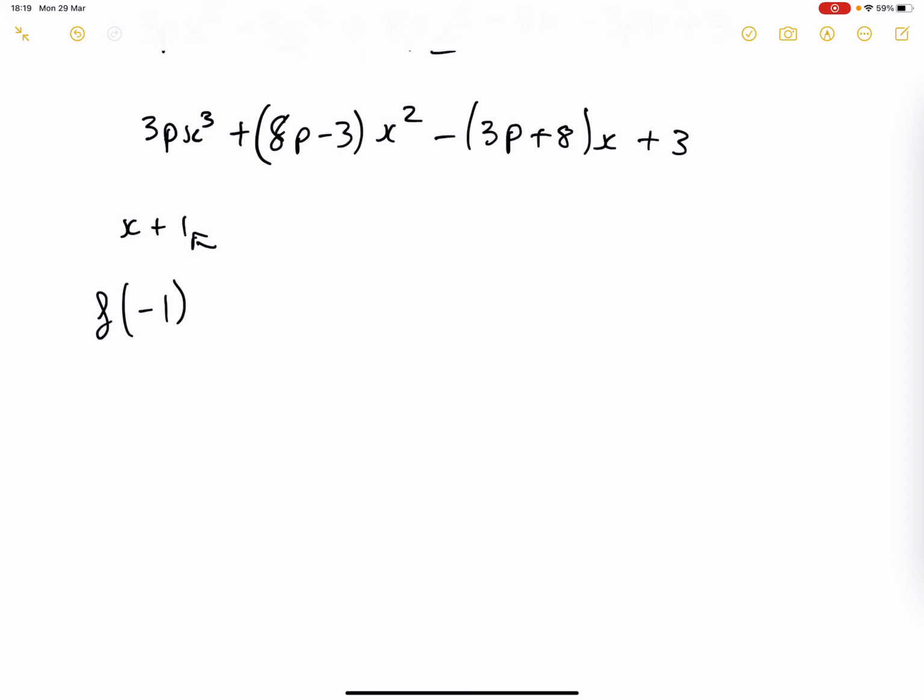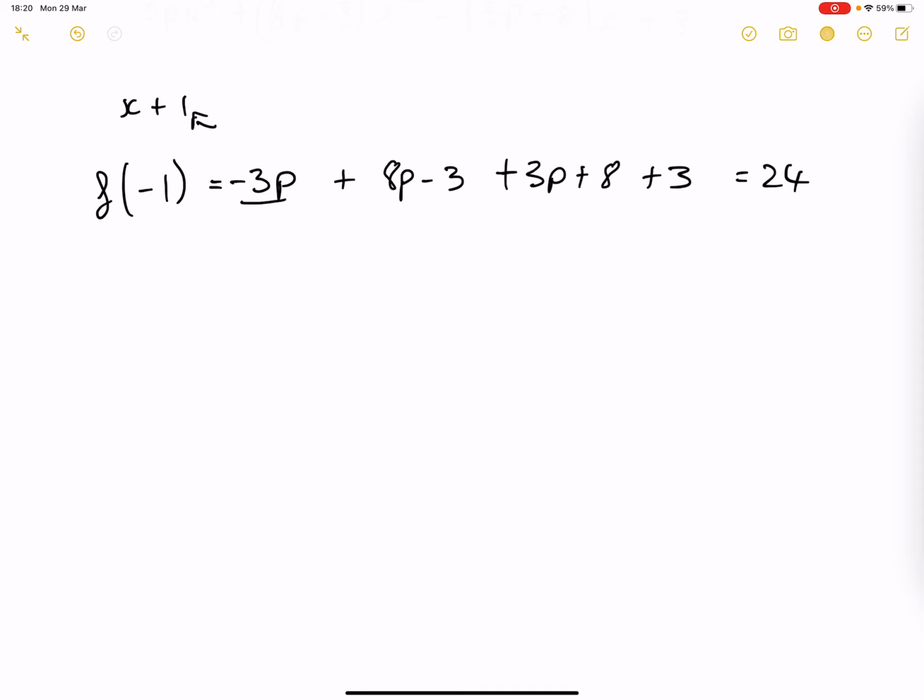So f of minus 1 will be 3p times minus 1 cubed, which is just minus 3p, plus 8p minus 3, because negative 1 squared is just 1, plus 3p plus 8 plus 3, and that is all going to be equal to 24, because that's our remainder, and that's the rule of the remainder theorem.